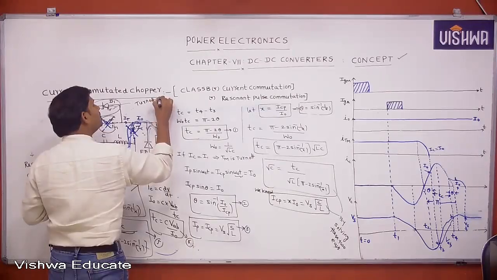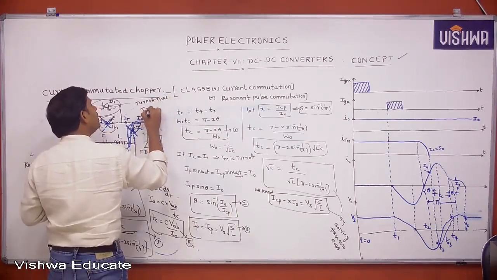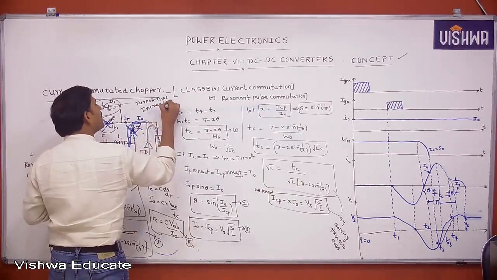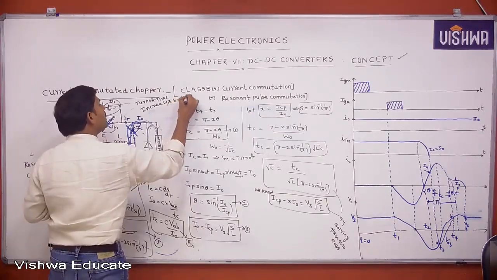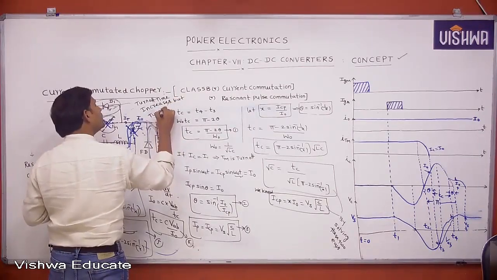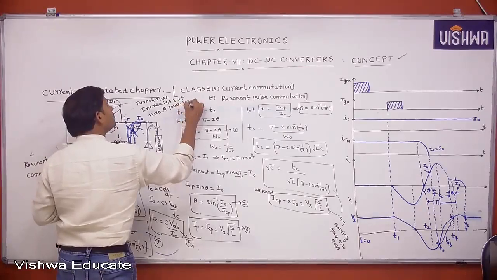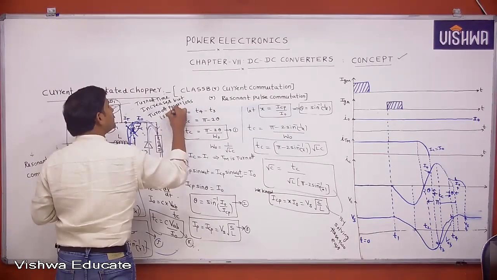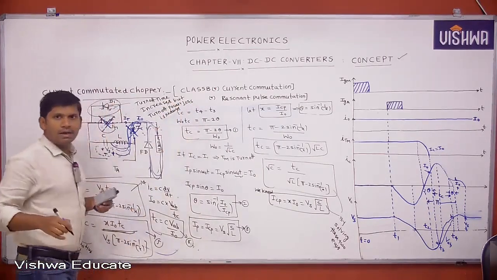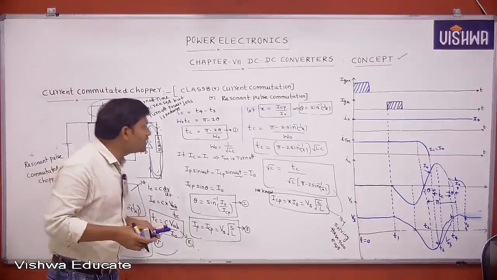Turn off time increases due to the anti-parallel diode, but turn off power loss reduces.